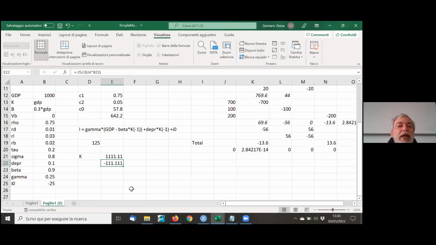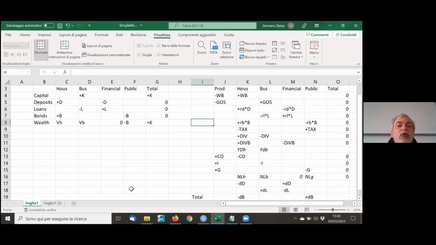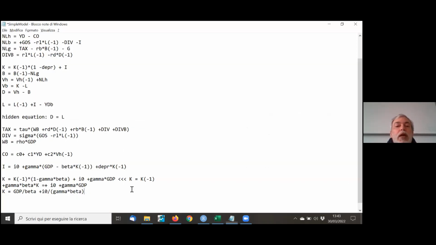So the next thing could be to try to identify the other stocks. And here, if the stock of debt stabilizes, of the government debt stabilizes, well, if it stabilizes, then net lending should be zero.